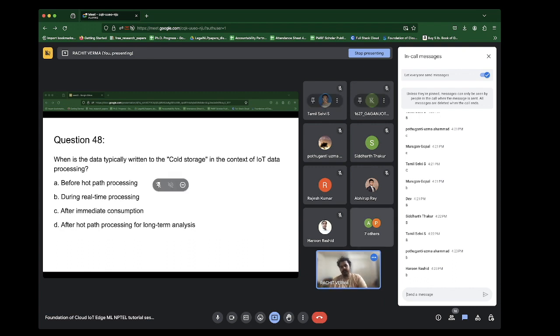So when is the data typically written to the cold storage in the context of IoT data processing? Before hot path, during real time, after immediate, or after hot path for long-term analysis.